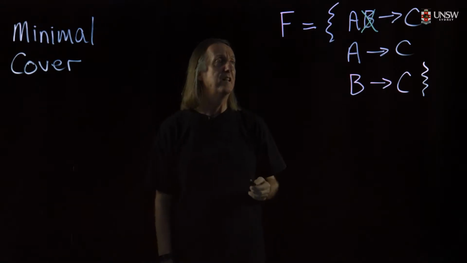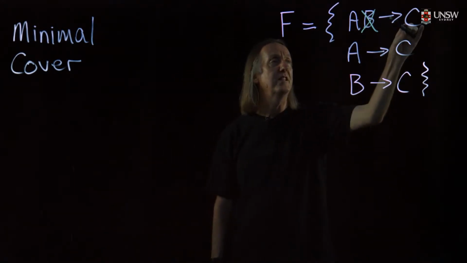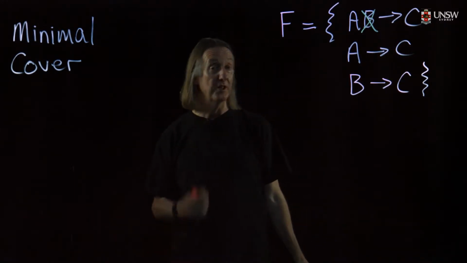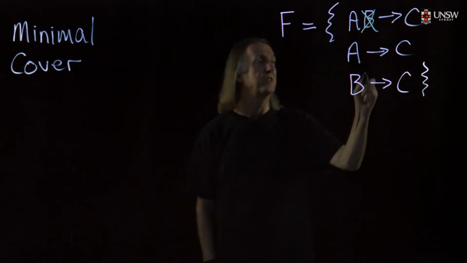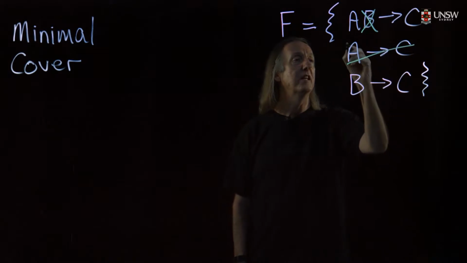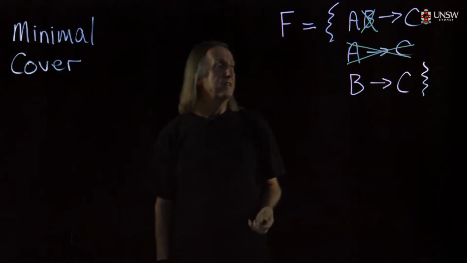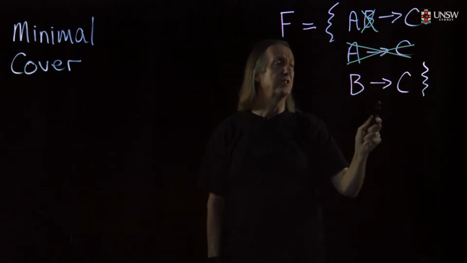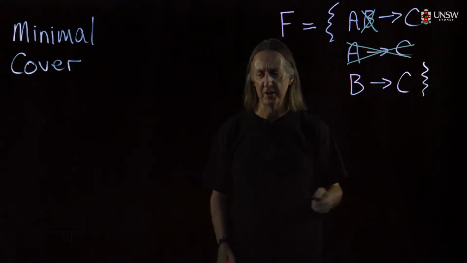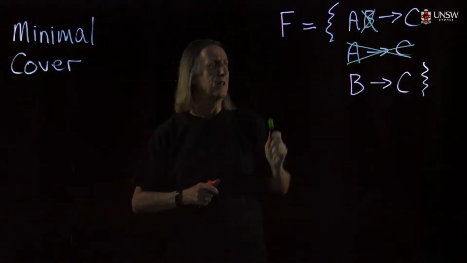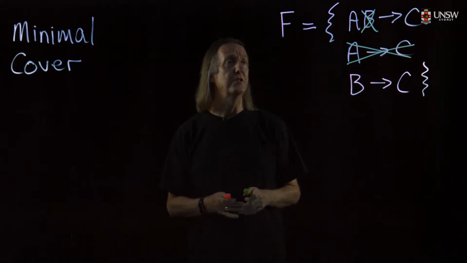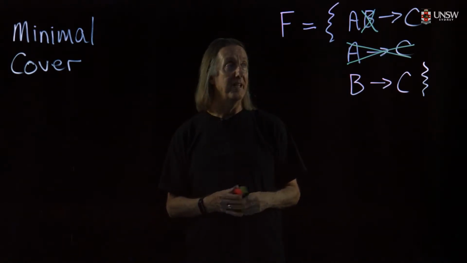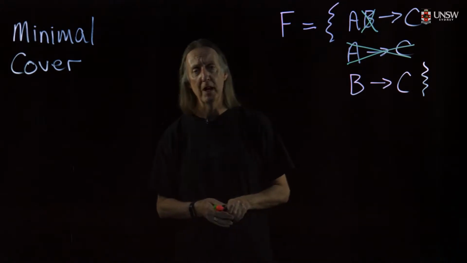Having done that, we end up with two identical functional dependencies. You don't need to have the same one twice, so we could get rid of that. That gives us A determines C, B determines C, and those two functional dependencies ought to be equivalent to the original set, but clearly they're smaller.